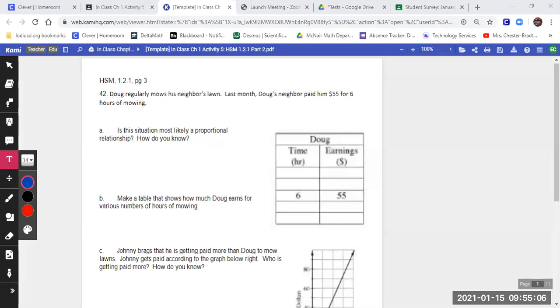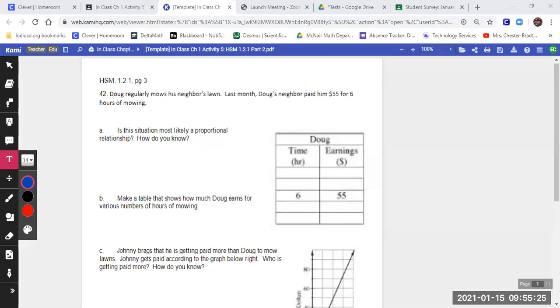The same values being added over and over. Thank you, Madison. So if we're adding the same thing over and over, then we are proportional. Okay.